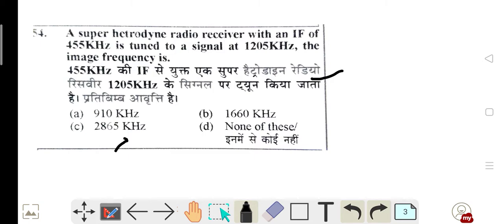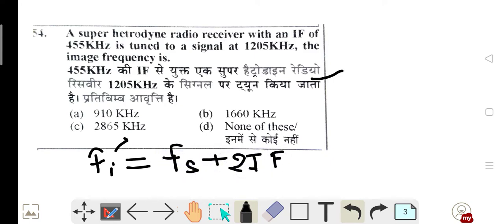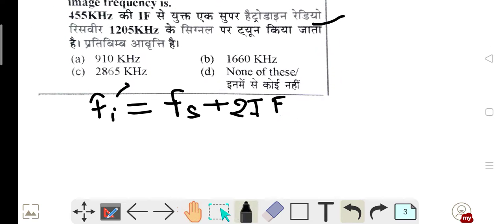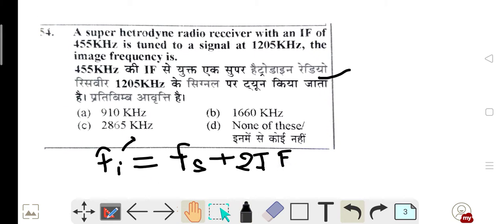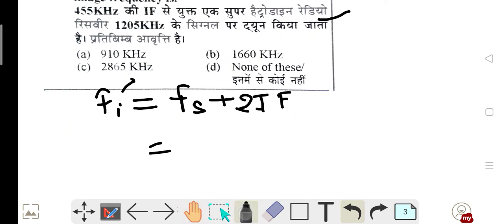There is one basic formula: image frequency, F I, is equal to Fs plus 2 IF. Understand it. Fs is 1205. So we will put it here, 1205, all in kilohertz, so don't do any conversion.